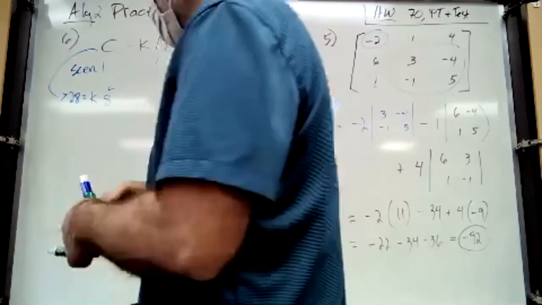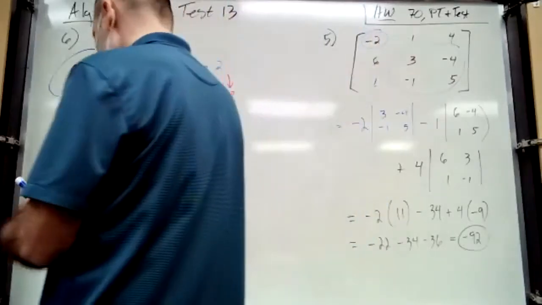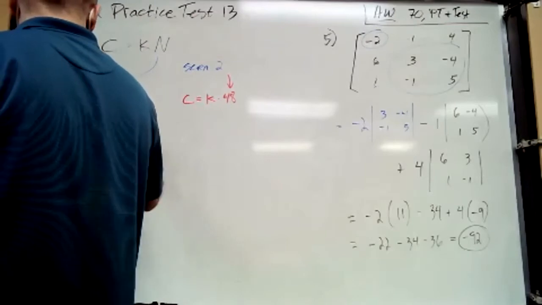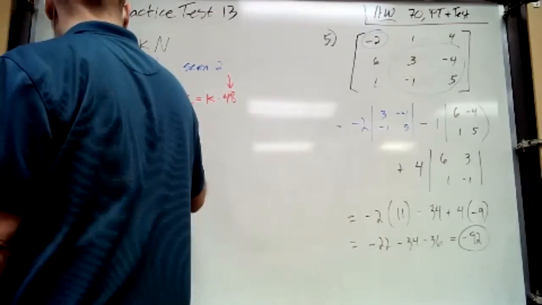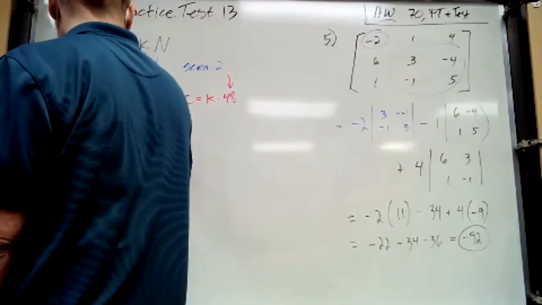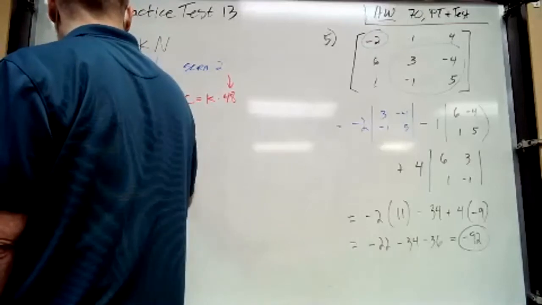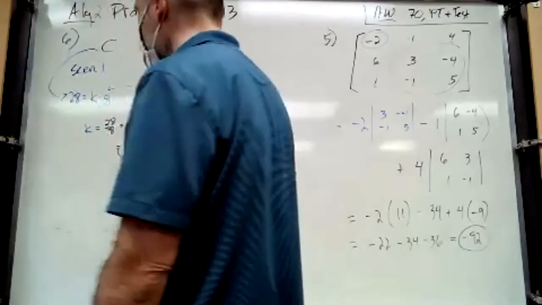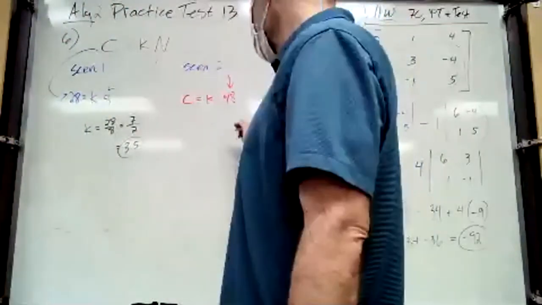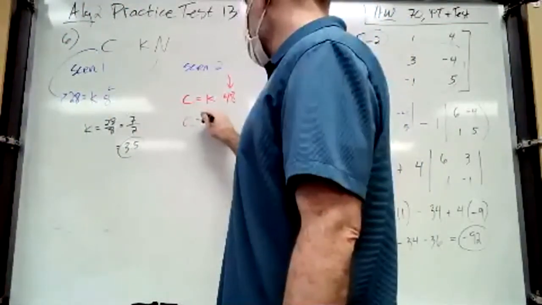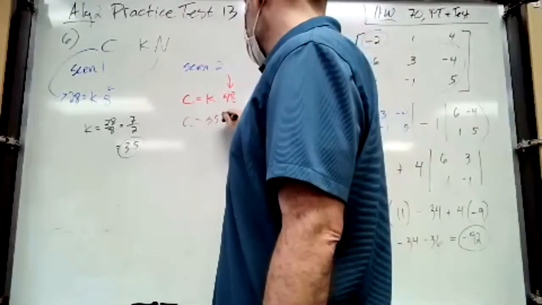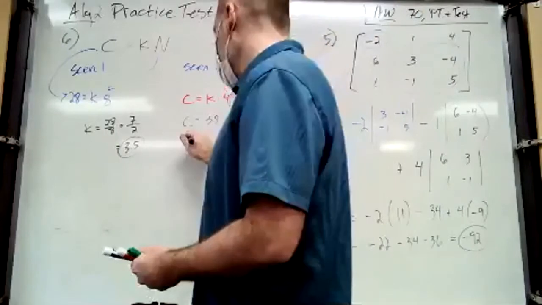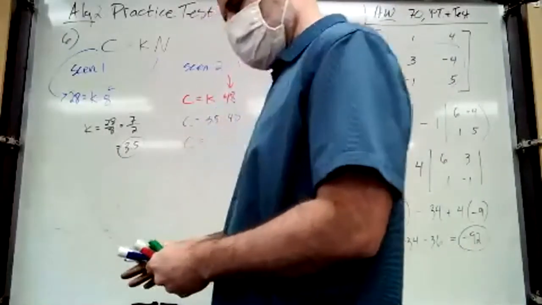So we need to figure out what K is. K equals 28 over 8, which is just 7 halves, or 3.5. So we don't worry about money right now. So C equals 3.5 times 48. So what's 3.5 times 48?